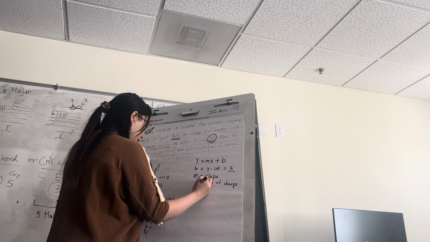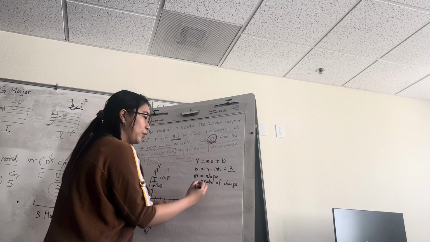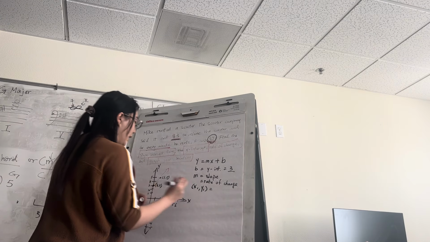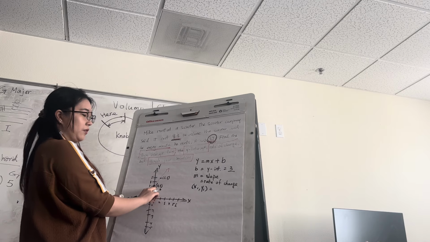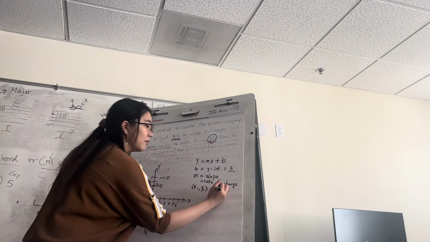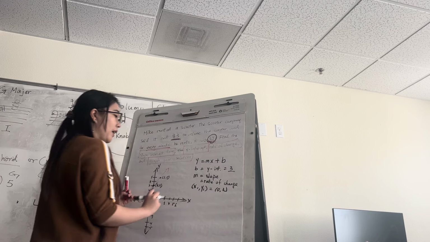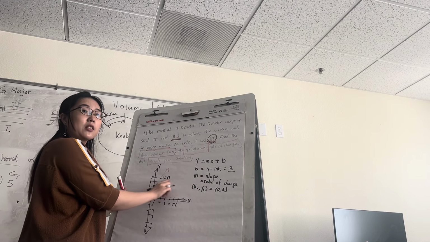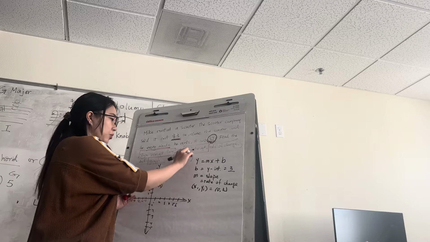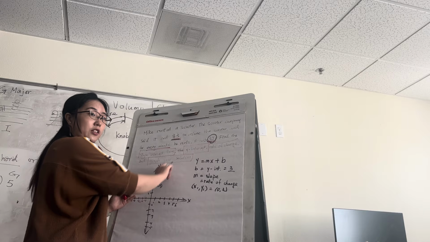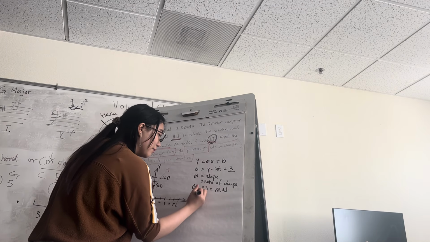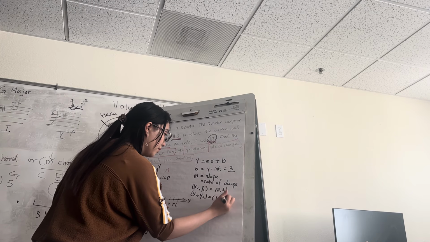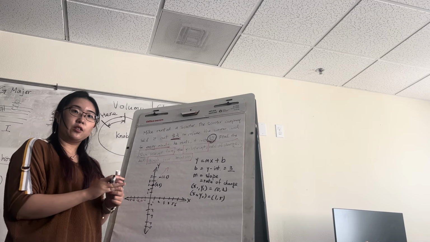So let's do my first point, and let's put my first point here. How about this? This one. And my second point, I'm gonna find another one that's on the graph and I'm gonna choose this one. It doesn't matter which one that you choose as long as it's on the same line. Okay. Everyone still follows?